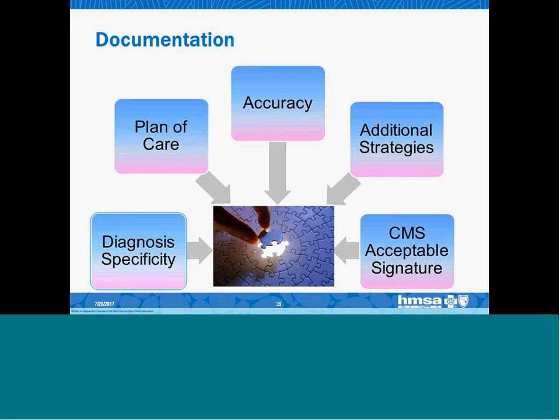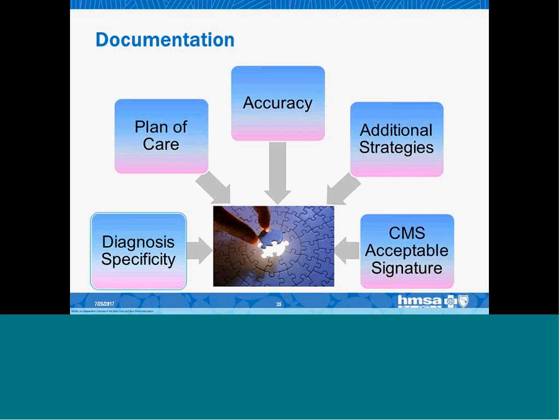For a plan of care, be sure you're documenting conditions assessed and what's being done for that, whether it's prescriptions, ordering labs, or referrals. For accuracy, documentation must support the diagnosis being reported. Be sure to watch for conflicting data within your chart notes. And also, you want to document your cause and effect relationships.